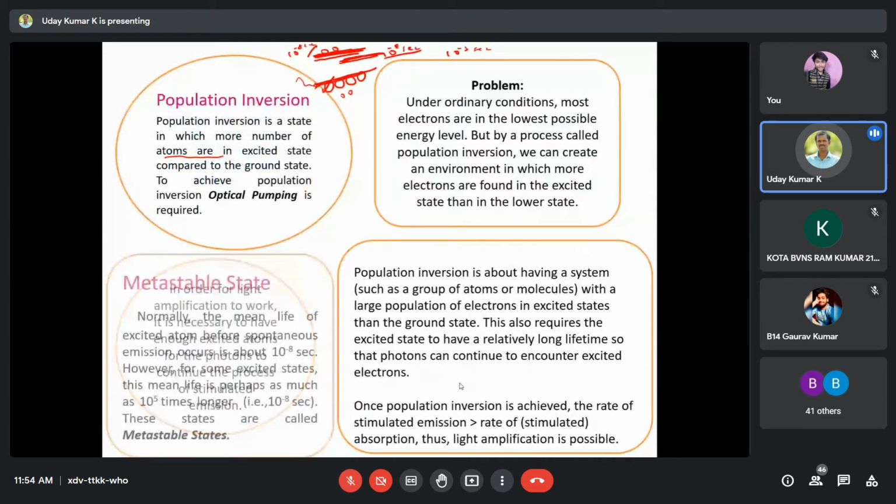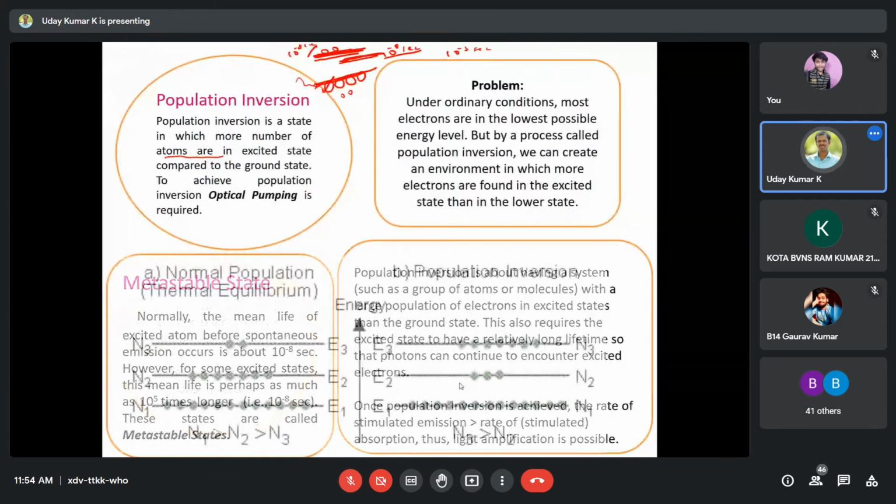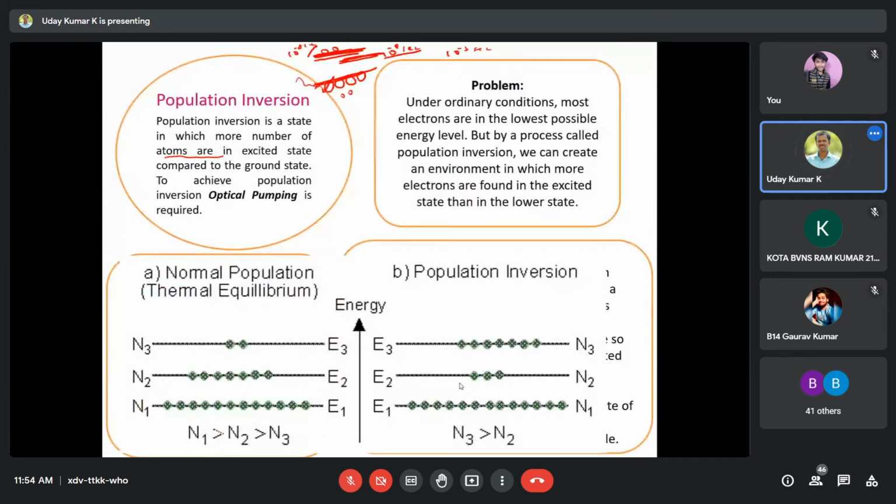So once you achieve this metastable state, now it's quite simple. In normal population, in thermal equilibrium, at energy level E1 you will have more atoms, at E2 fewer atoms, and at E3 even fewer. When it comes to population inversion, it can be the other way too.